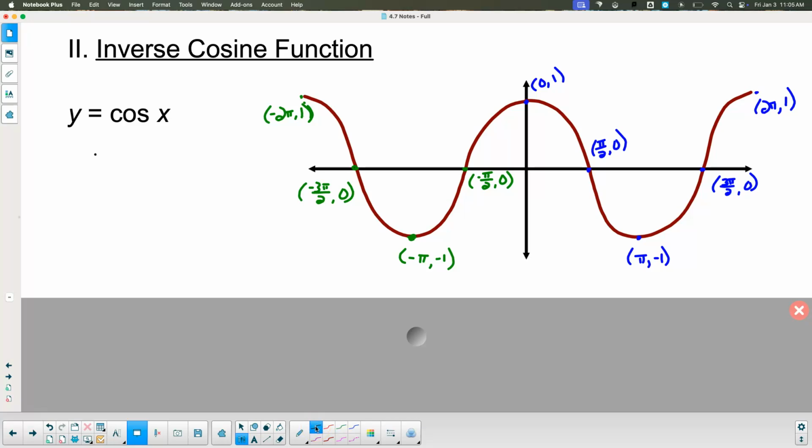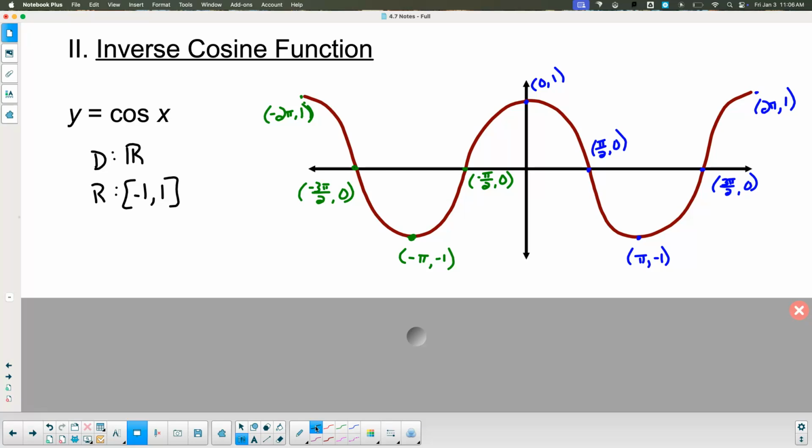What is the domain of cosine? All real numbers. What is the range of cosine? Inclusive, exclusive? Everybody agree with me on that?